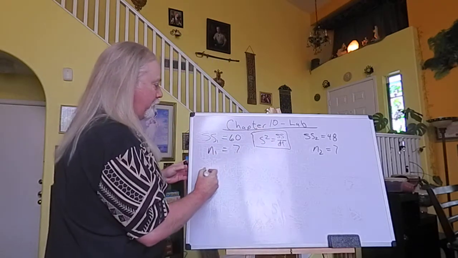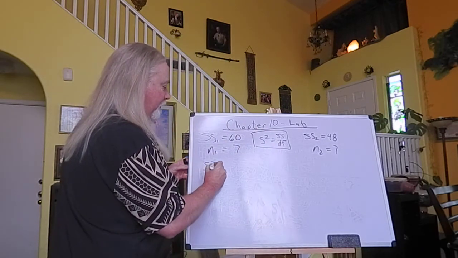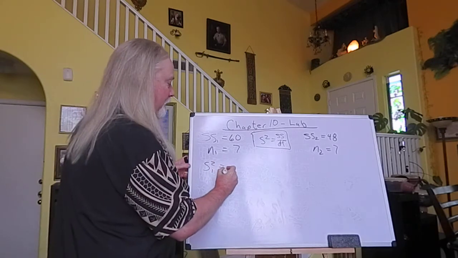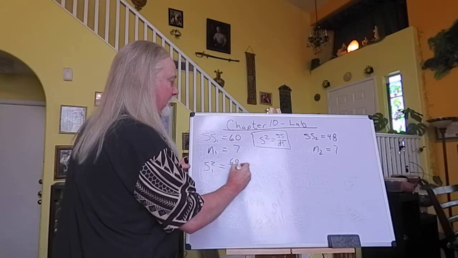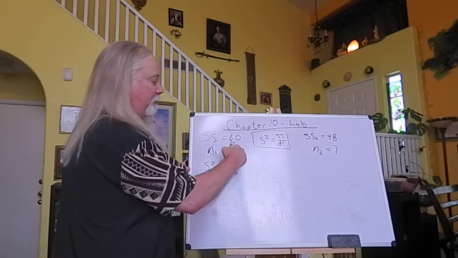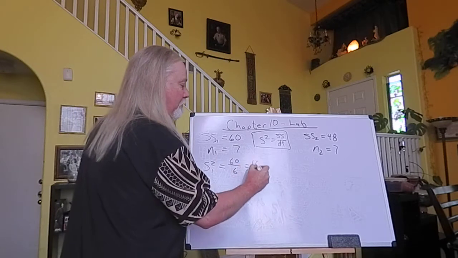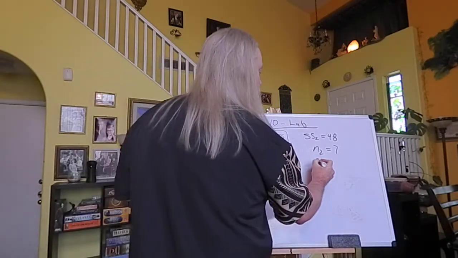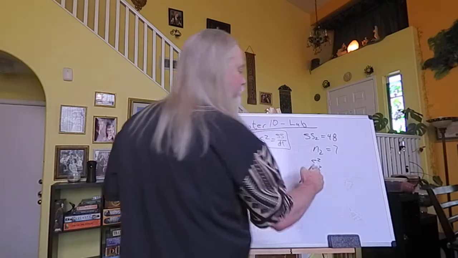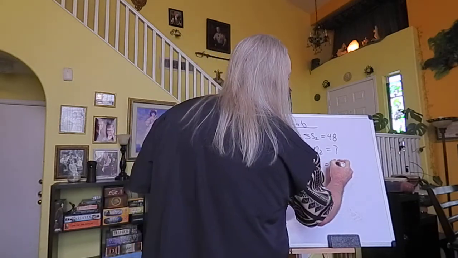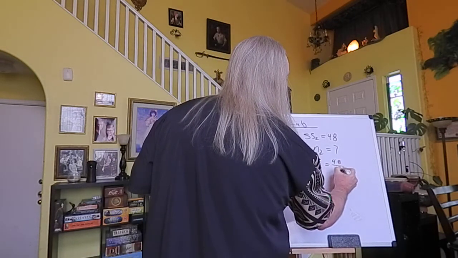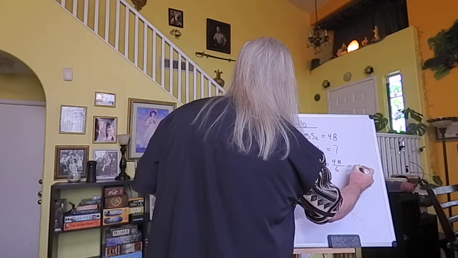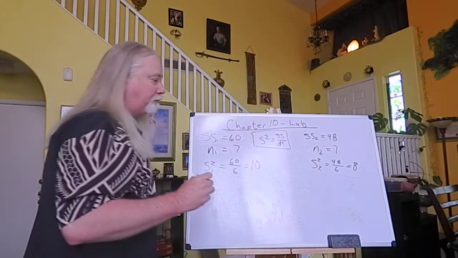So our sample variance for the first sample is our sums of squares divided by degrees of freedom. 7 minus 1 is 6, which gives 10 points. And over here, our variance for the second sample is 48 divided by 6, which gives us 8.